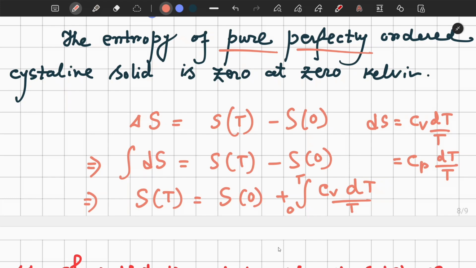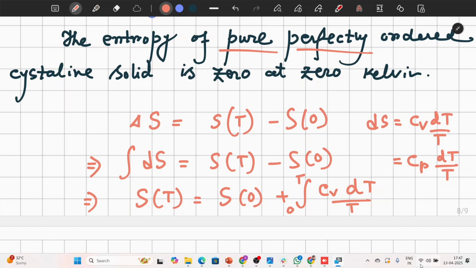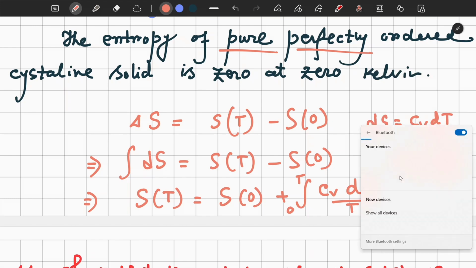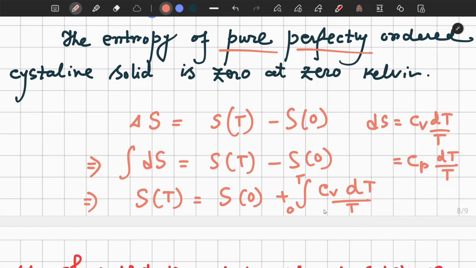For solid, it's constant volume. If it is a constant volume process, then obviously you can write Cv dT. But if it is a constant pressure process, then it's better to write Cp dT. Keep in mind, although it is a solid, the volume is more or less the same, but pressure cannot be.